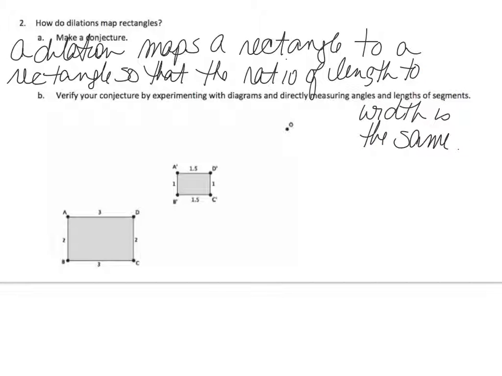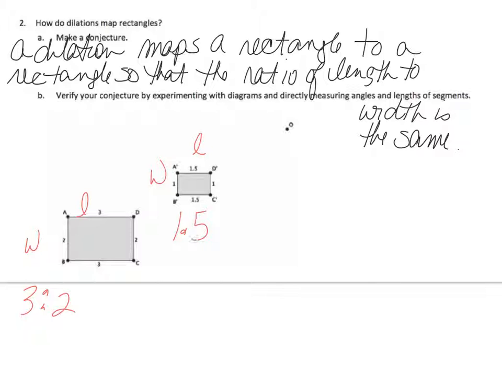So let's go ahead and test it. I copied 2 from my book onto here so I didn't have to try to draw accurately. If we look at the large rectangle, I have length to width, a ratio of 3 to 2. Okay, here I have length to width.